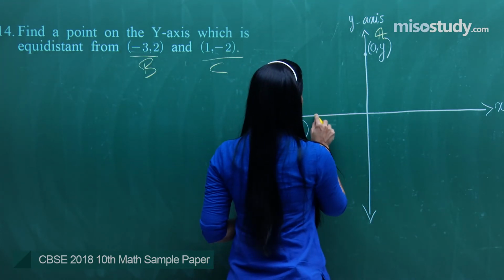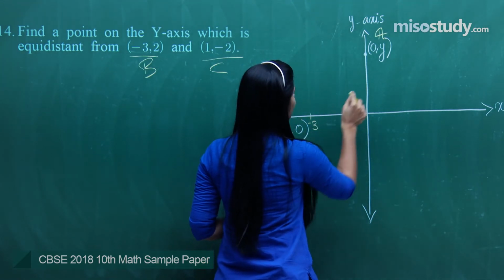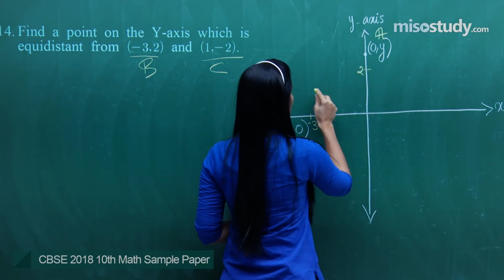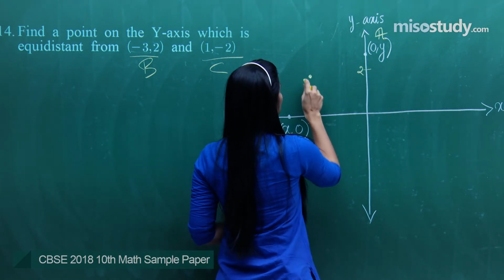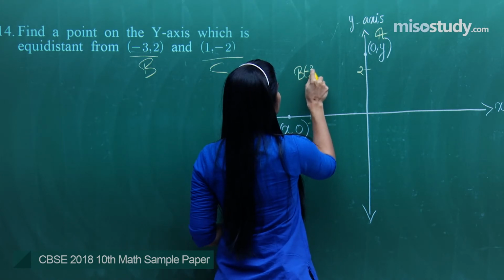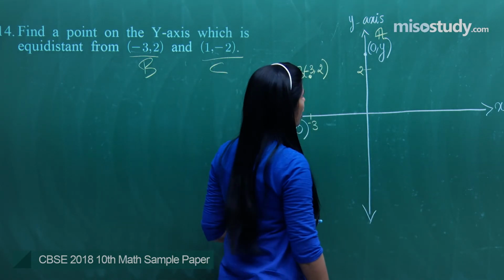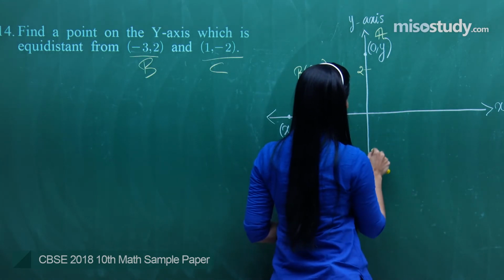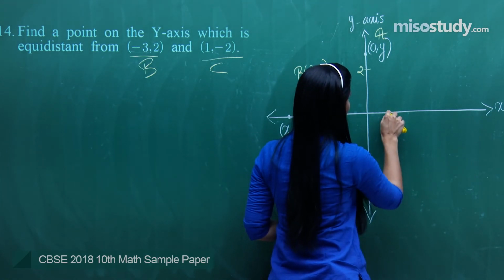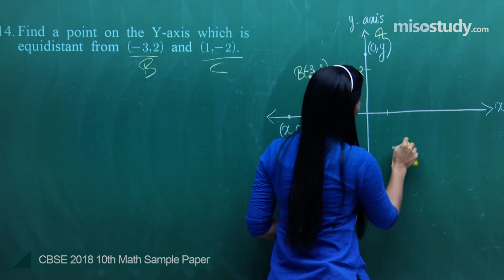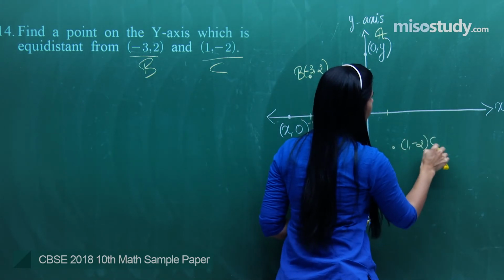So suppose this is your -3 and this is your 2, just for example. So this is your point B, which is -3, 2, and you have 1, -2. So this is your 1 and somewhere here is your -2. So this is your 1, -2 or point C.